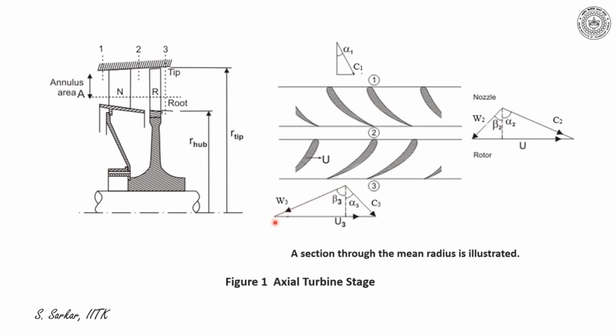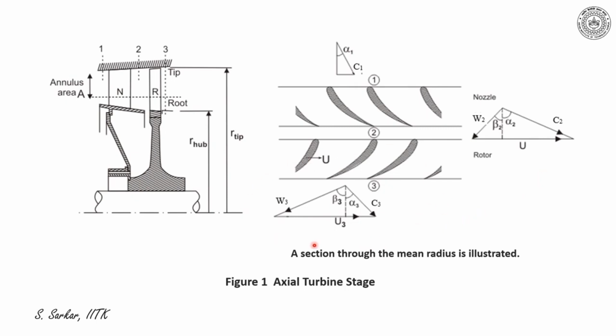W3 plus vectorial addition of U3 would give you C3. Beta 3 is the angle that W3 makes with the z-axis. Similarly, alpha 3 is the angle that C3 makes with the z-axis. Here obviously I have considered U2 equal to U3 equal to U.